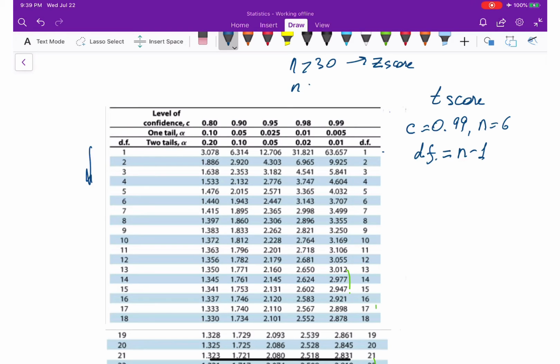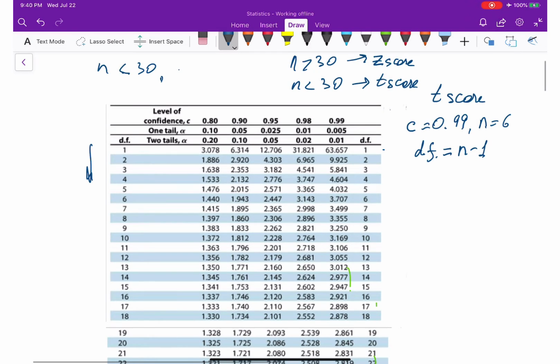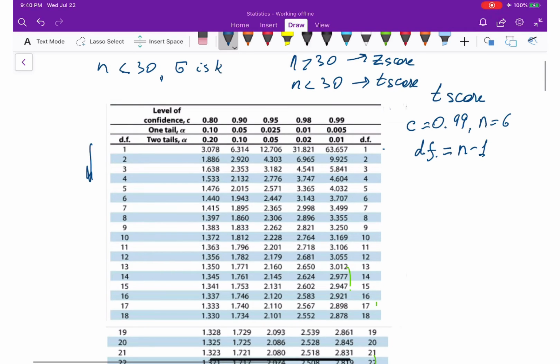When n is less than 30, we use t-score. We also use z-score if n is less than 30, but population standard deviation is known. Then we use z-score.